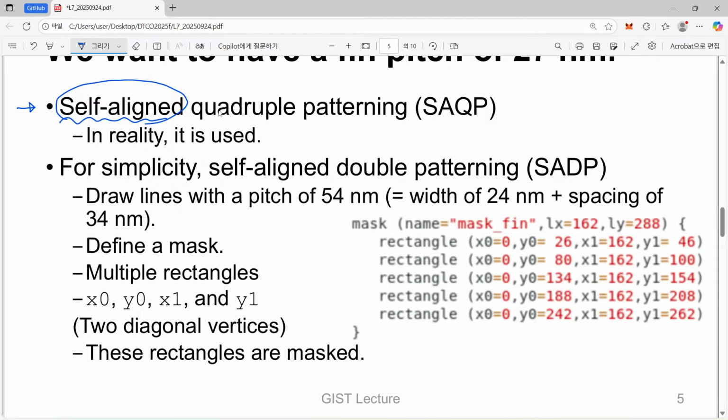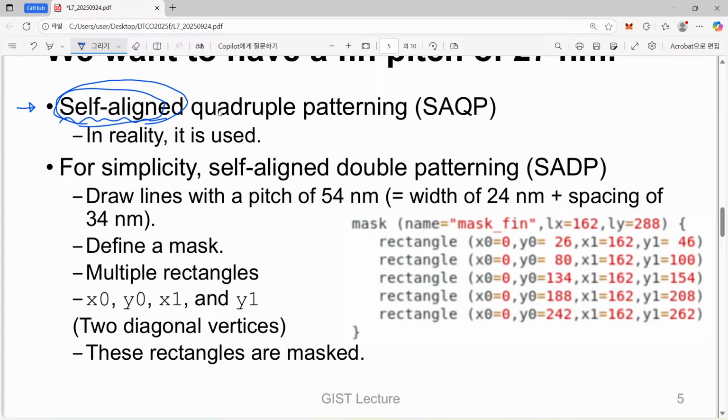This is the meaning of self-aligned. It is so important because if we do two exposures, there is no guarantee that they are perfectly aligned.